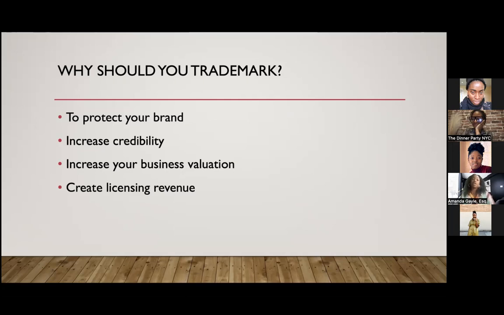If there is another business using your business name, something that you created, whether intentionally or unintentionally, there is a possibility that consumers won't know who is who. Somebody sees them, they think it's you, they wanted to find you, they think they found you, and that person gets the business. So that's one of the reasons that you want to trademark your business.